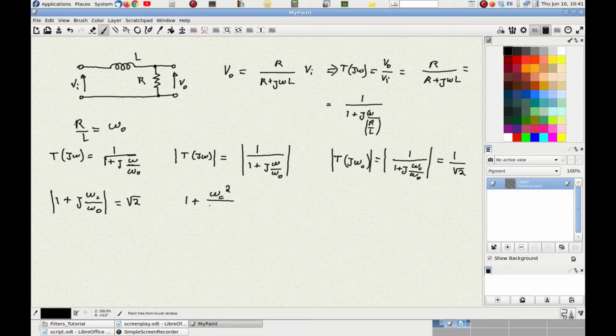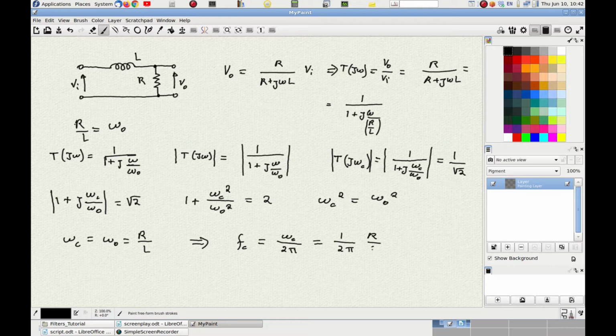Resolving this equation, we finally find that omega c, the angular cutoff frequency, equals the natural frequency of the circuit, and so omega c equals R over L. And finally, recalling that the frequency is obtained by dividing the angular frequency by 2 pi, we get the formula to determine the cutoff frequency of the first-order RL low-pass filter, which is 1 over 2 pi times R over L.